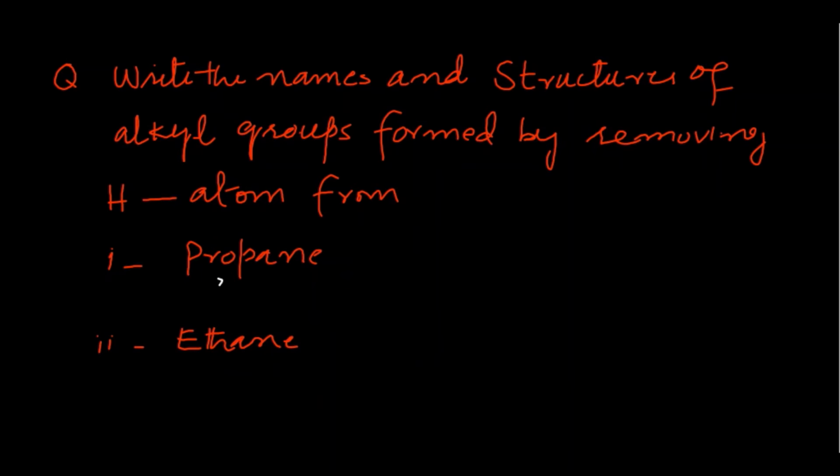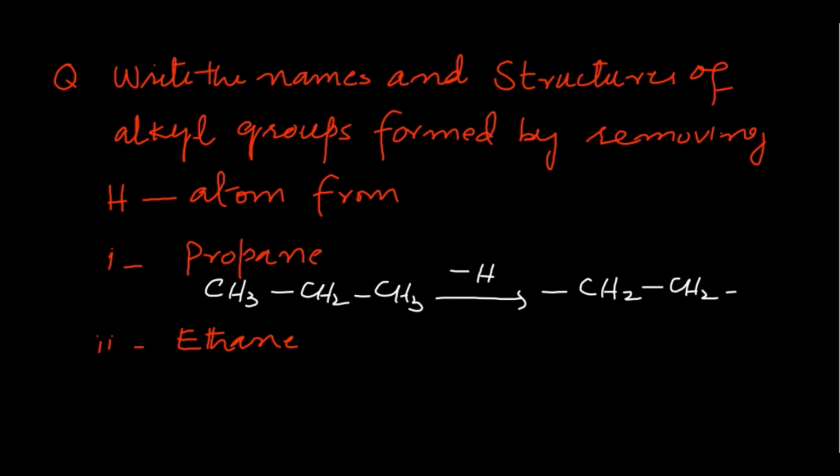So here we write the structure of propane and then we remove a hydrogen atom from propane. We have propane, CH3, CH2, CH3. Now if we remove one hydrogen from propane, after the loss of one hydrogen, one vacancy of carbon becomes vacant, CH2, CH2, CH3.